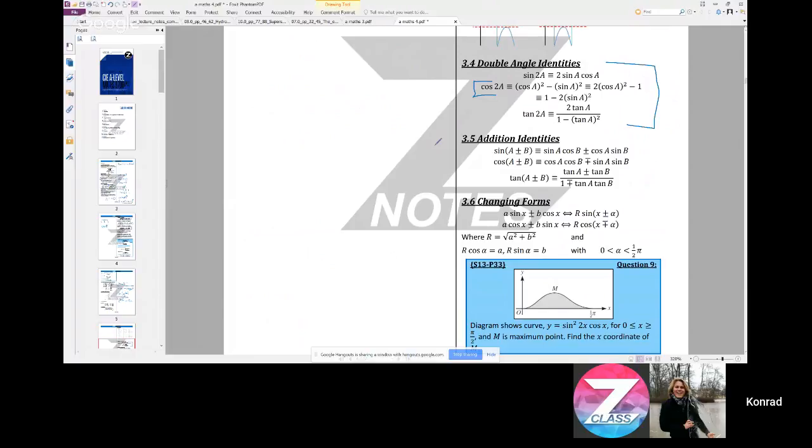Even if it's given to you, I don't know whether it is. It's very important and very useful to have these forms ready off the top of your head, because you need to use them all the time for integration questions later on. So these are by far the most important.